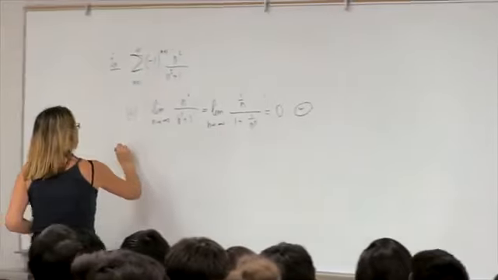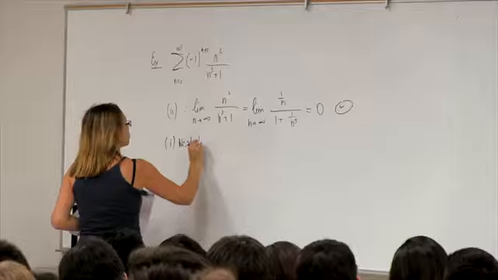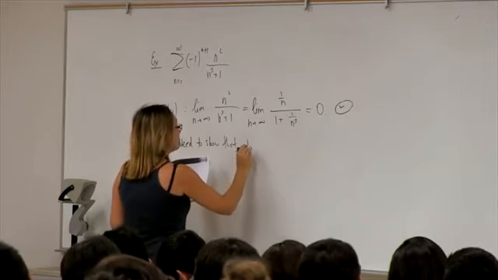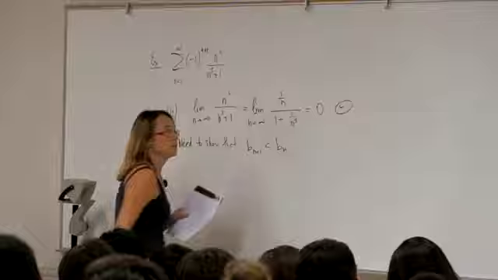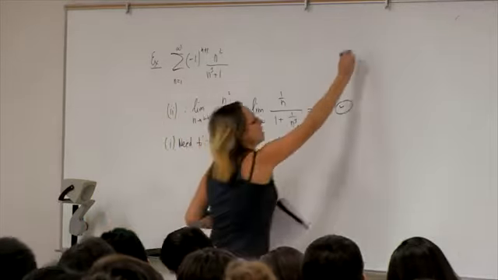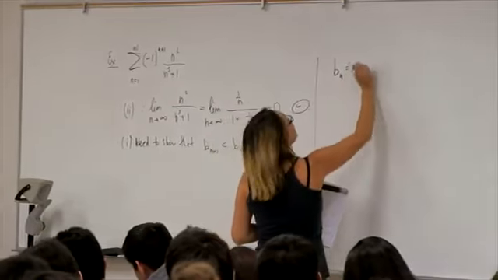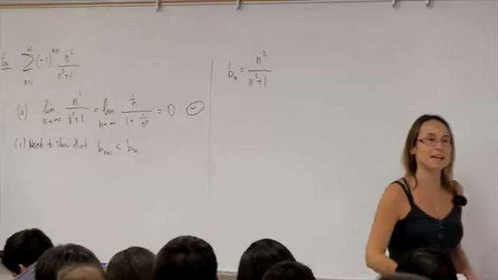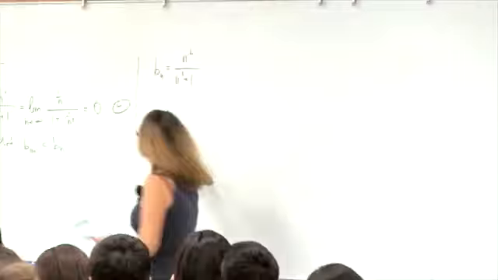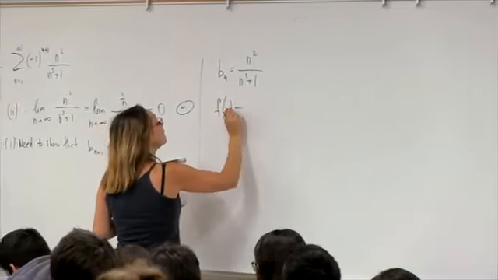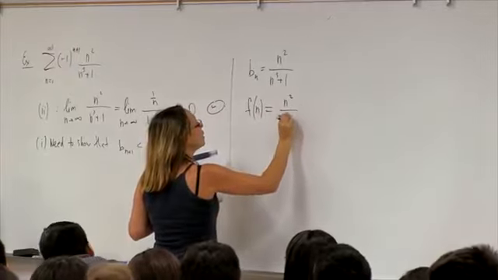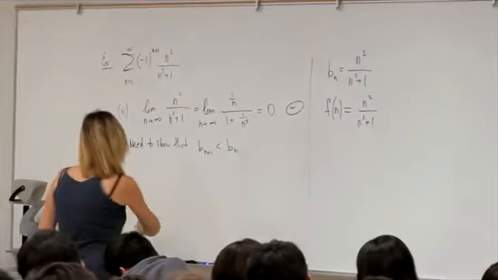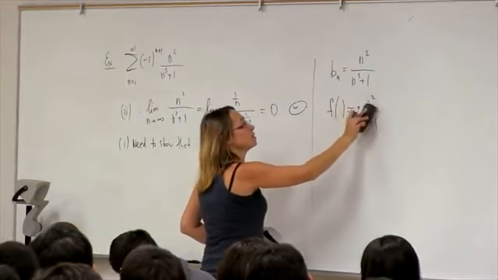We need to show that b n plus 1 is less than b n. How do we do this? So b n is given by n squared over n cubed plus 1. It's not immediately clear whether it decays or not. But it looks like a function. So we're going to look at the function f of n and take the derivative. Actually, this is a little bit confusing, so let me replace the variable with x.